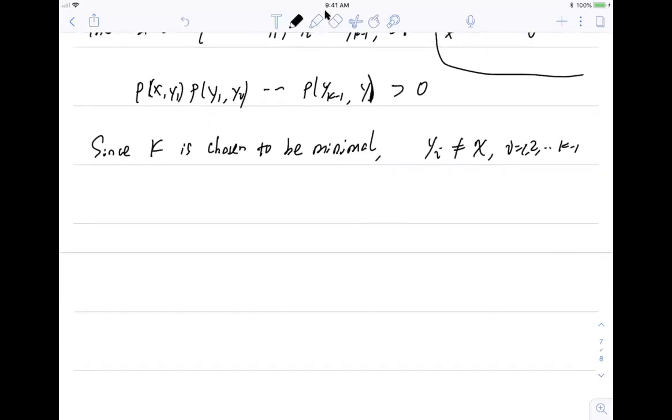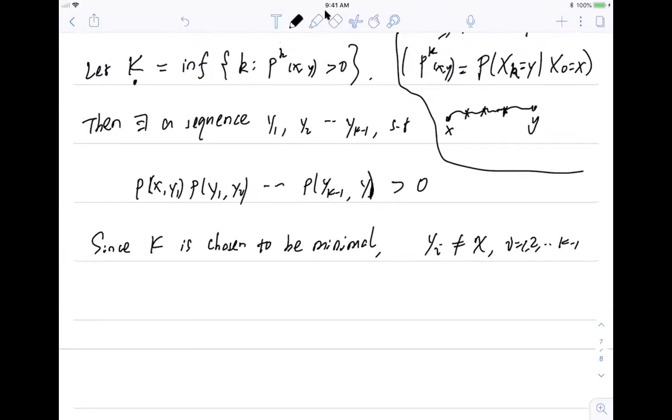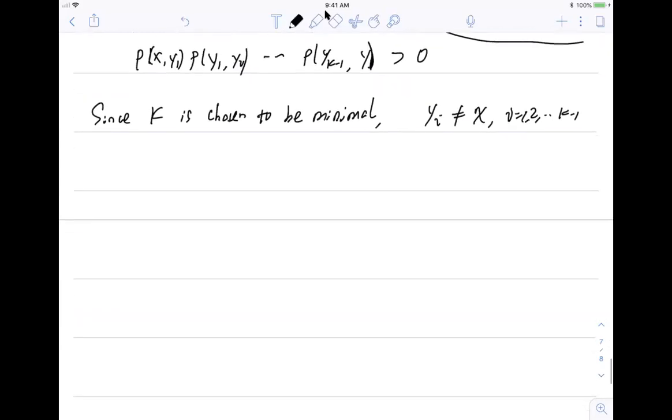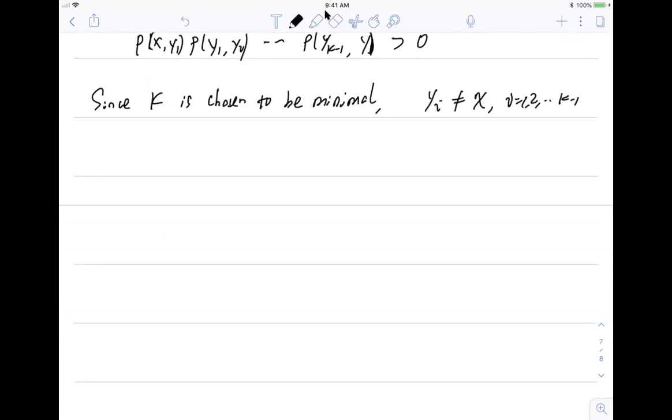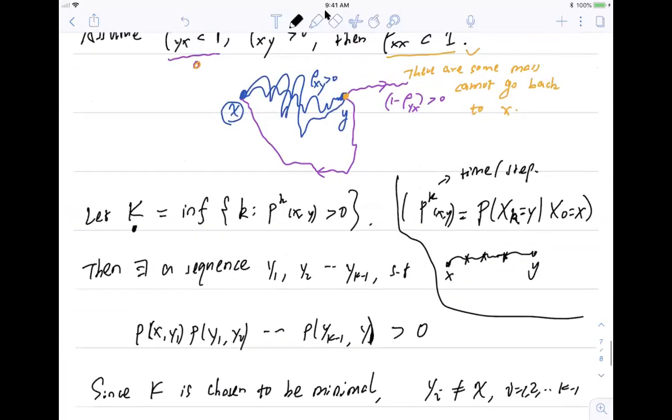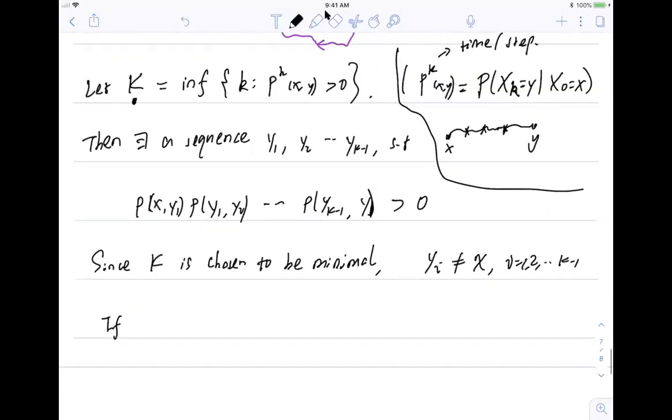Otherwise you can shorten, you can make this k smaller, right? So this is y.